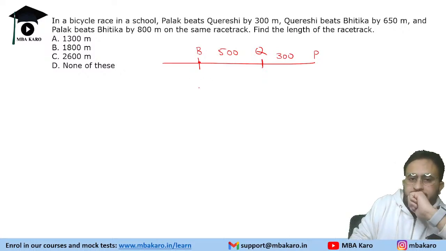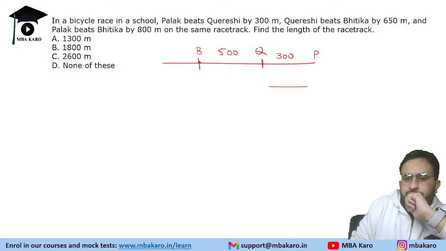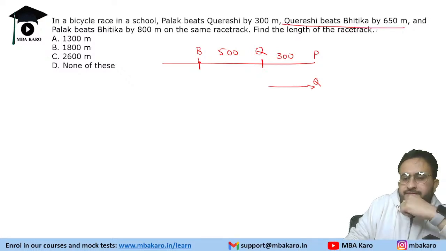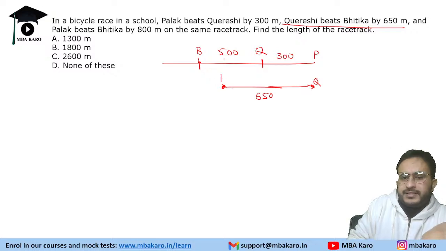Now when they finish the race, it says that Qureshi beats Bitika by 650 meters. So when Q reaches this point, this is 800 and B will be 650 meters behind. So when Q finishes, B is at this point.